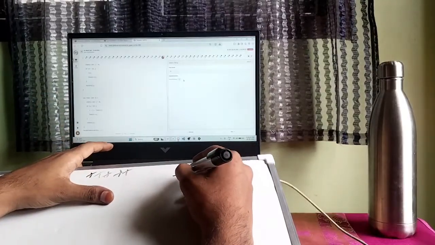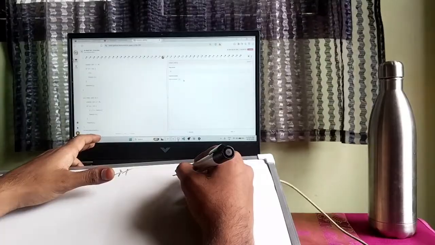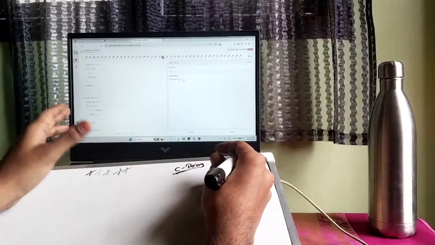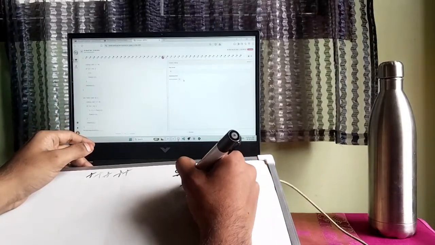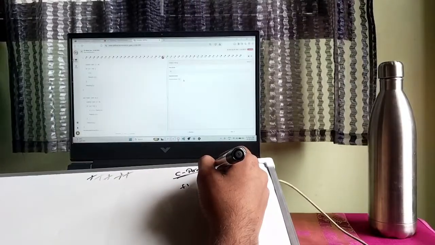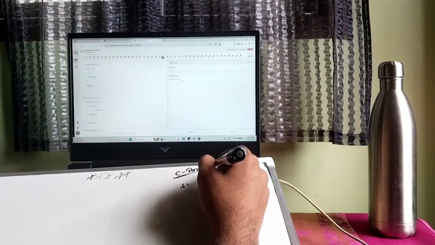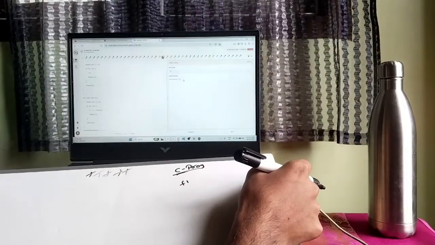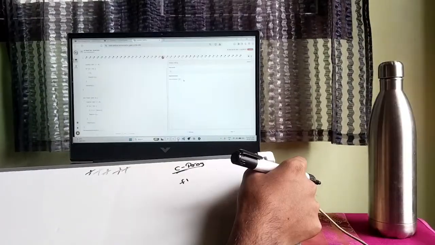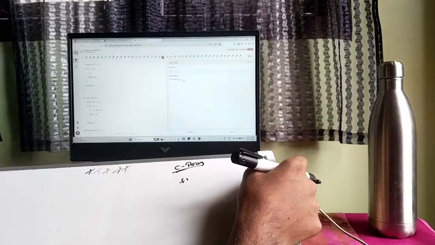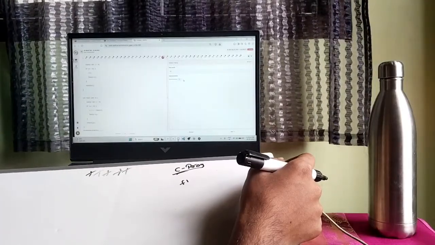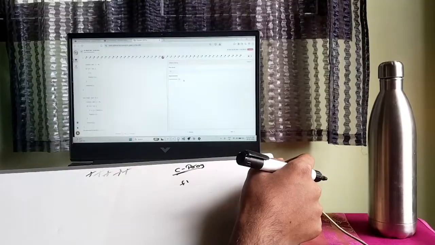So the question is asking for the return value of f2 of 5, given the value of f1. If we consider function f1, they are initializing one variable. It is of type integer and it is a static variable, not auto or register type. By default, if we don't mention static or anything, it will be an auto variable.